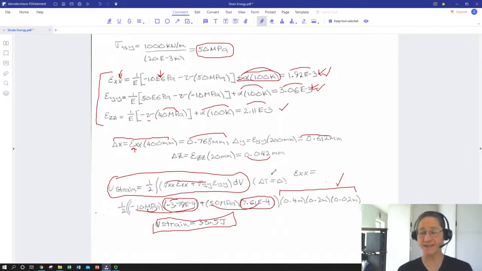But in both cases, either a free expansion where you didn't do any work and you didn't accumulate any strain energy, or a constrained situation where you have an increase or decrease in temperature, you would represent the strain energy based on an equivalent stress and strain rather than directly including our alpha delta T. So that's one of the reasons why the directions to this example said don't include the impact of delta T in this case for strain energy.